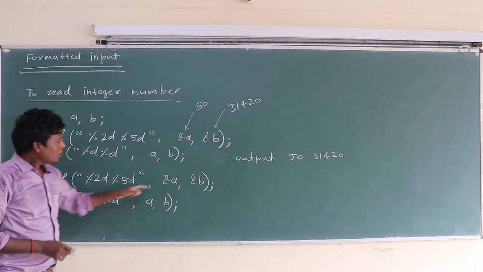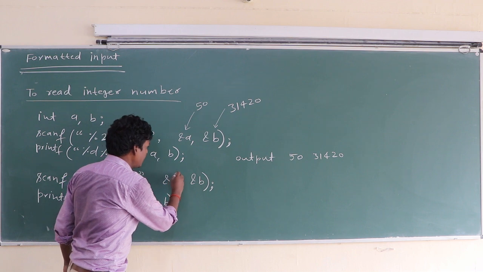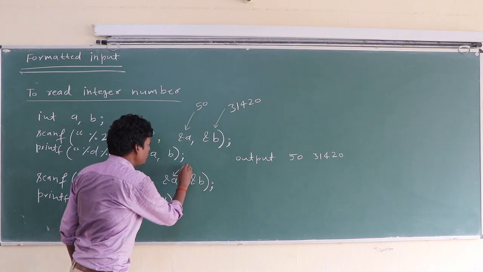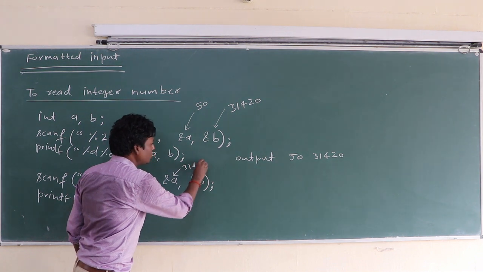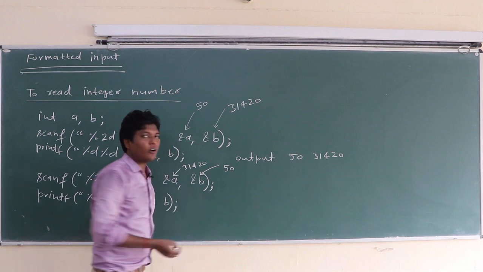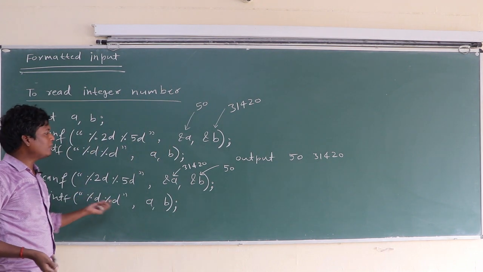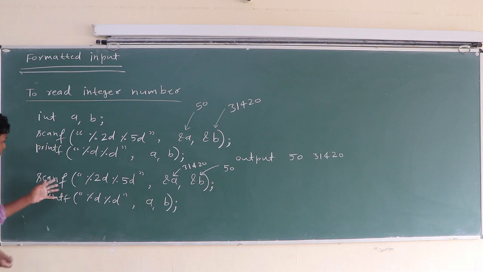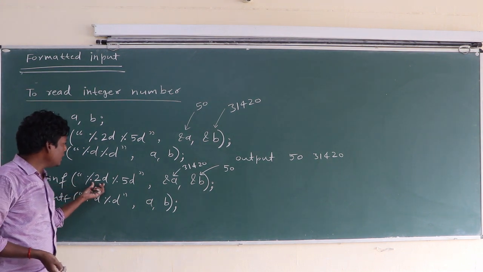Class, suppose the numbers are exchanged. The user inputs 31420 and then 50. Then what will be the effect of %2d and %5d in scanf? Let us see, class. Here is %2d.